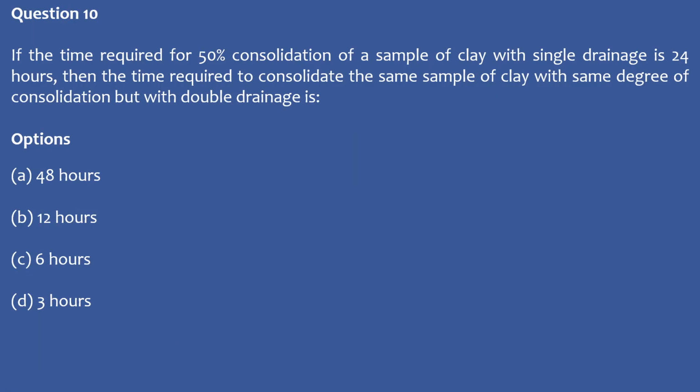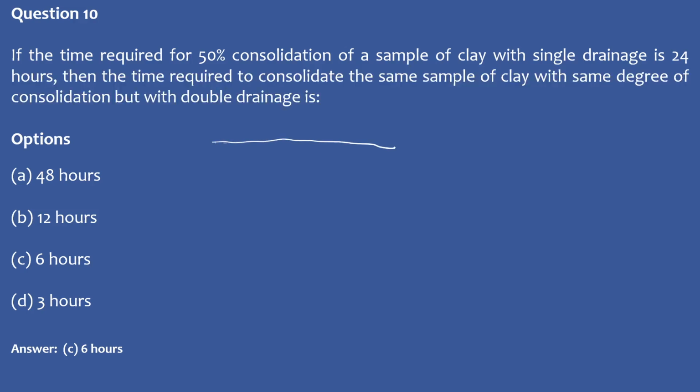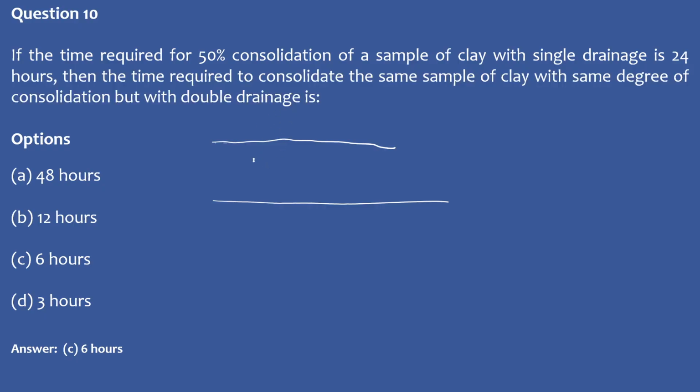So let's check this. Here the answer is 6 hours. Let's see how it comes. Let's say you have a certain soil layer, and usually the medium above and below is pervious, which means water can dissipate in this manner and also in this manner.